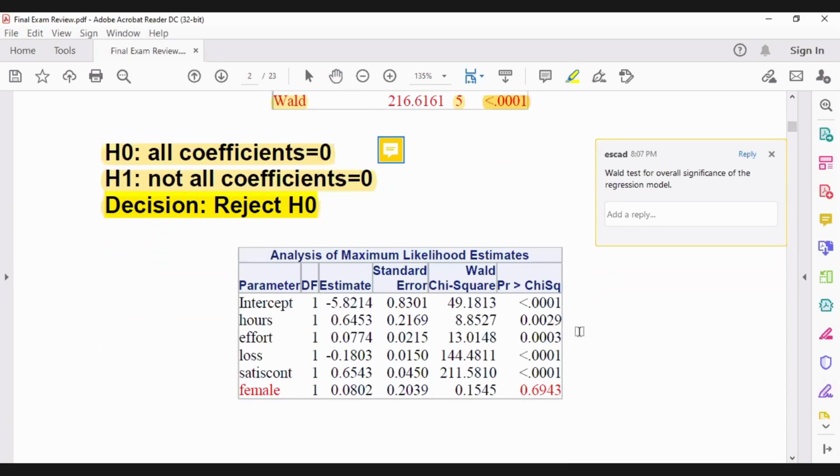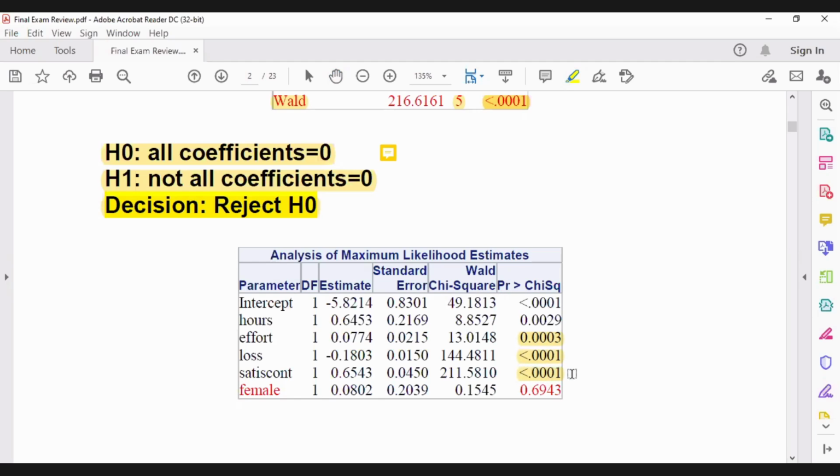Now let's look at the coefficients. We got the intercept having a p-value less than 0.05, so it is significant. Hours has a significant p-value. Effort's coefficient is also significant because the p-value is less than 5%. Loss coefficient is also significant, p-value less than 5%.